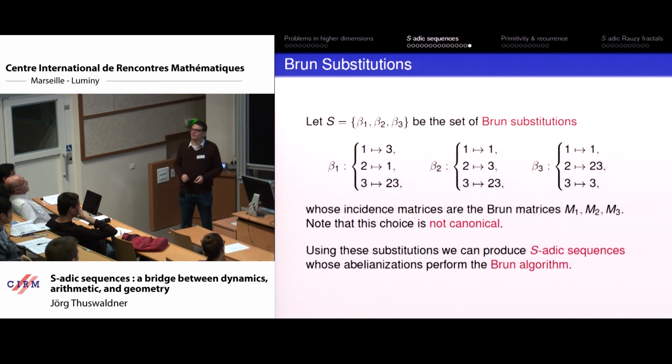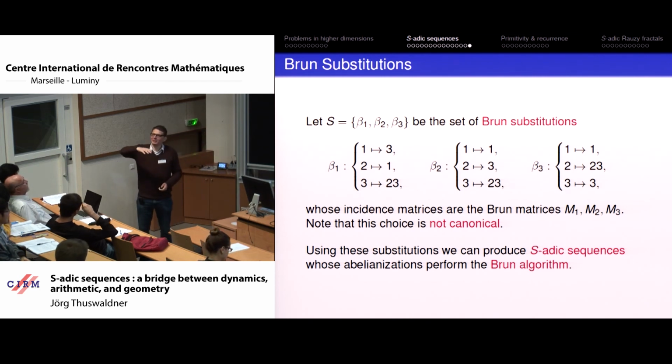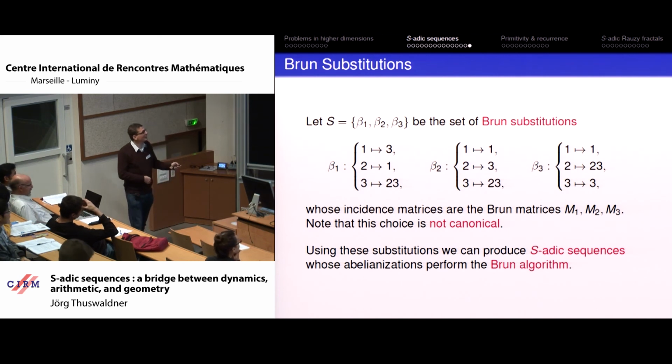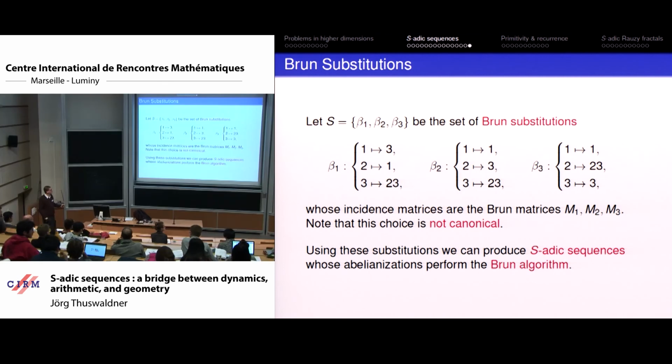And so now we go the other way around. We don't start with substitutions. We start with the algorithm and we cook up substitutions. So we put a non-abelian overhead on the algorithm. This is done in this case by the so-called Brun substitutions. There are several different versions of those. I picked this one.